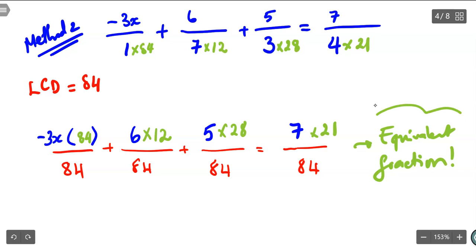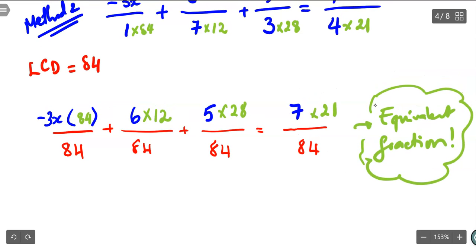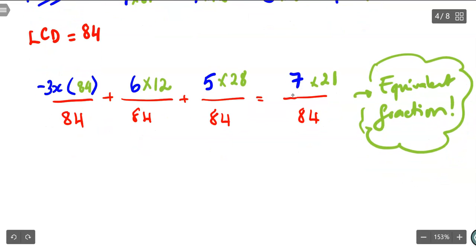I mentioned in a previous video that we have another method to solve a fractional equation. This is called equivalent fraction: using our knowledge to figure out the lowest common denominator, then we perform the equivalent fraction, and then we simplify.